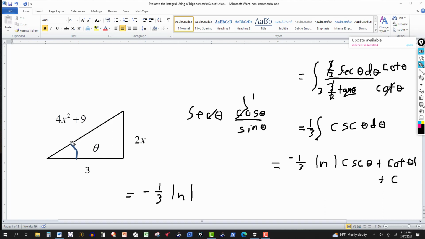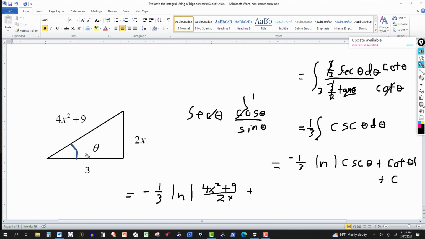is the hypotenuse, which is the square root of 4x squared plus 9, divided by the opposite side of the angle theta. So this will just give me the square root of 4x squared plus 9 over 2x plus cotangent.